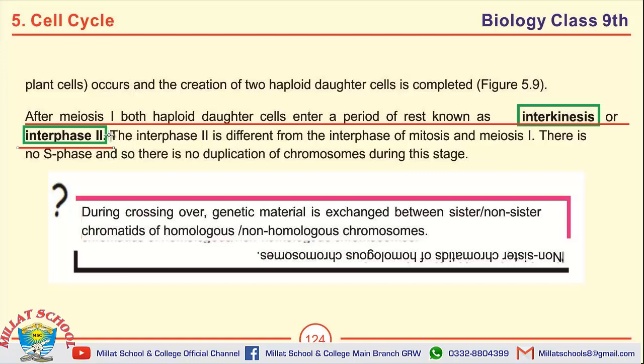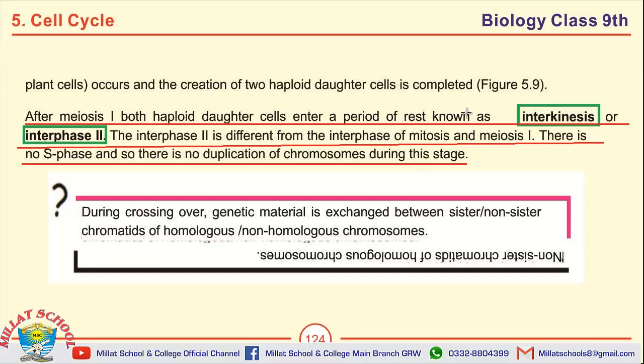How interphase 2 is different from interphase of mitosis and meiosis 1? The interphase 2 is different because there is no S phase, and so there is no duplication of chromosomes during this stage.